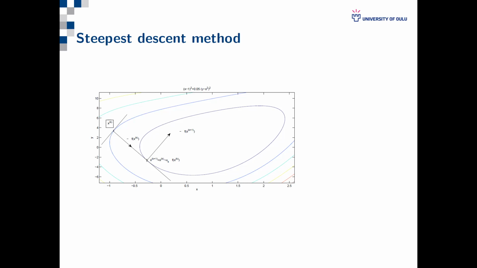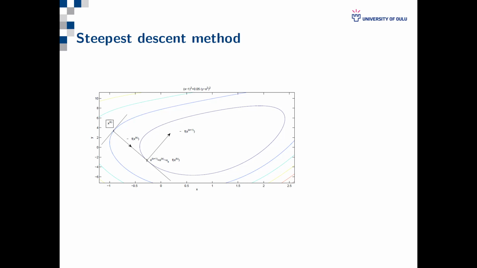So here is, more or less, the difficulty with the gradient method. All the consecutive search directions are orthogonal to each other.